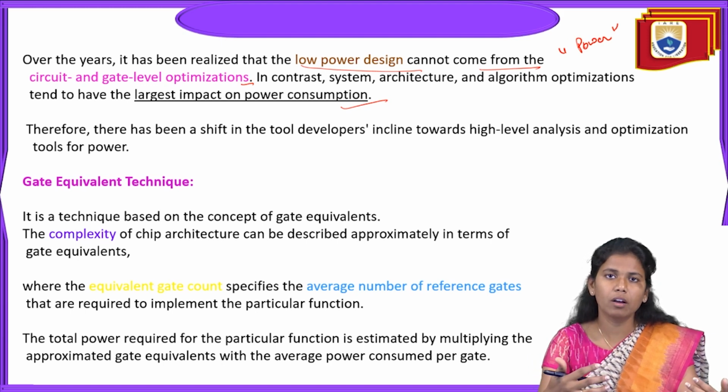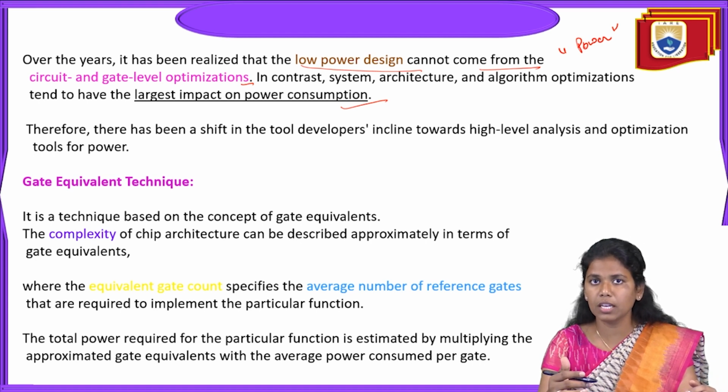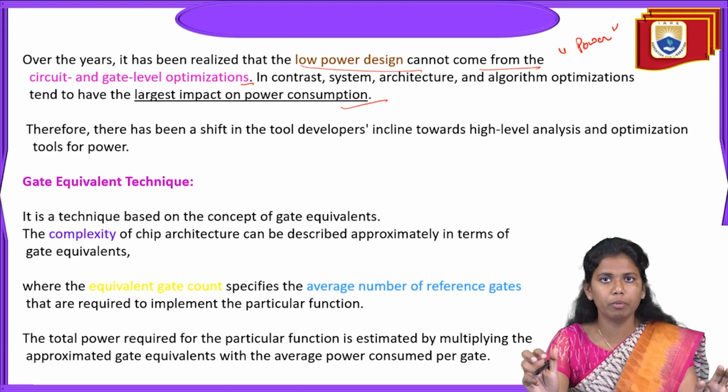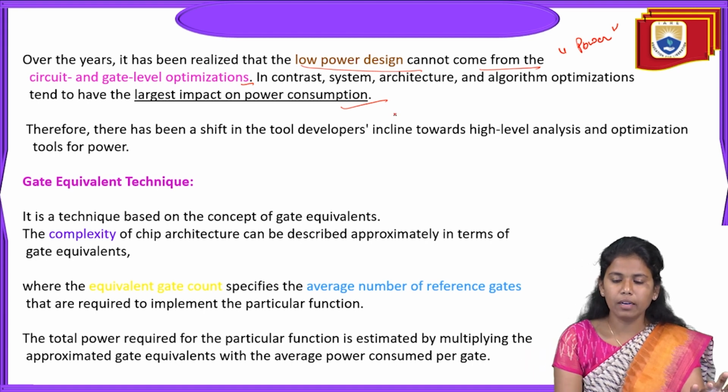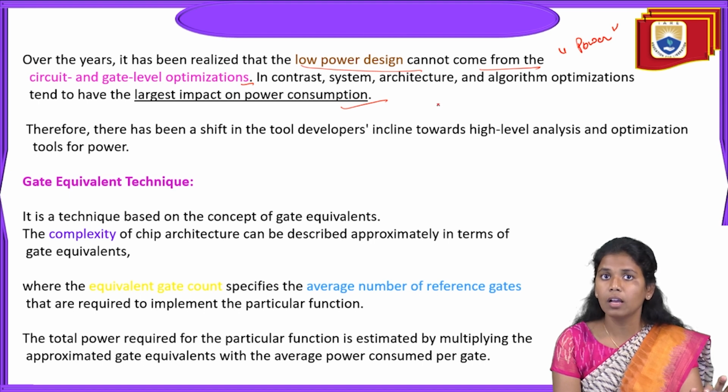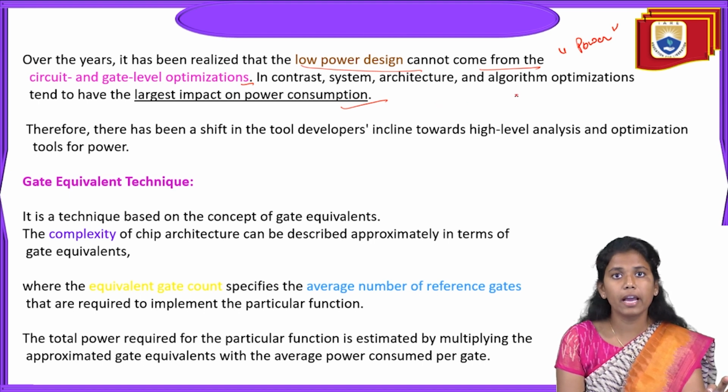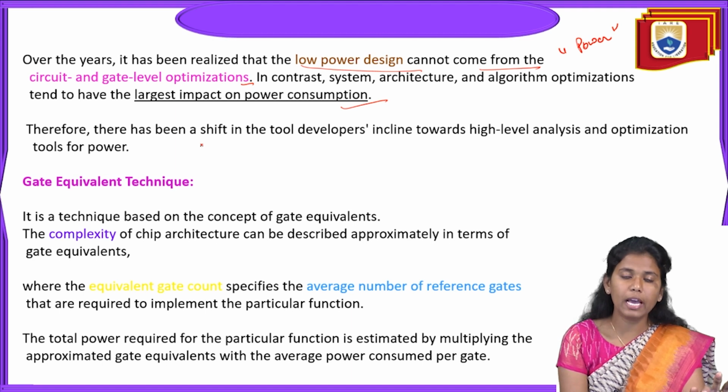But to be frank, over the years the minimum power consumption can be seen in circuit and gate level optimization. In contrast, architecture and algorithm optimizations tend to have the largest impact on power consumption.